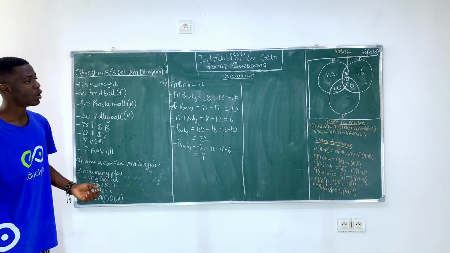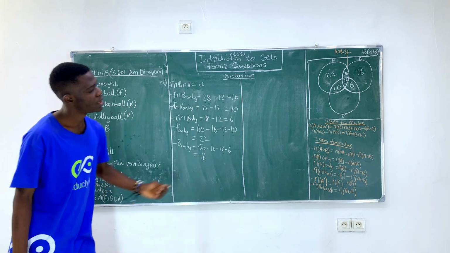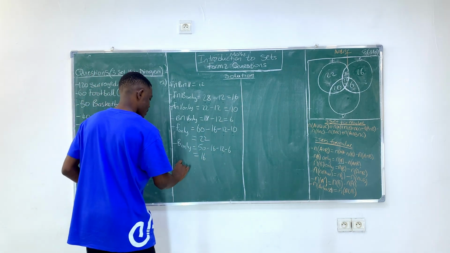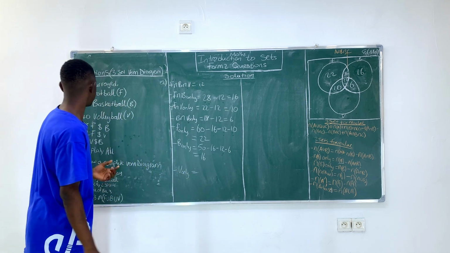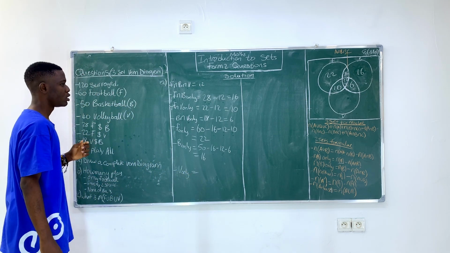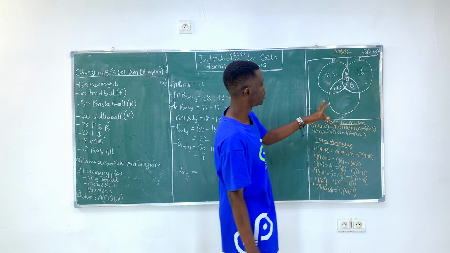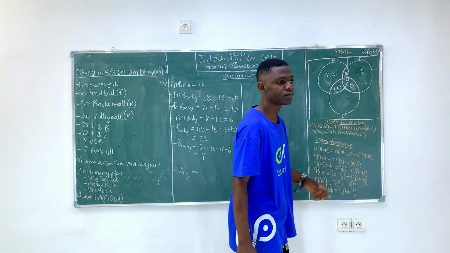We do the same for V only. So what is V only? V only is the total V minus the sum of all of the intersections in which V is.